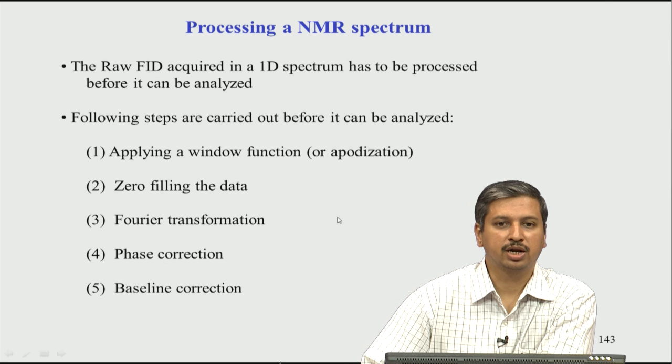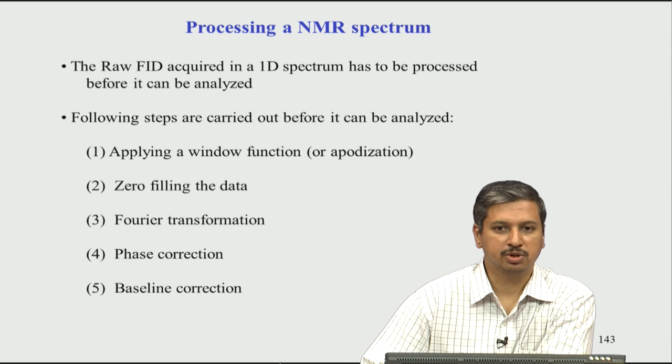Remember, the data that comes out in NMR is called the FID, and the FID is basically the raw data which is recorded physically by the spectrometer, but that is not the spectrum. The spectrum still has to be obtained by massaging the raw data, by doing many things, and then it is converted into a spectrum by Fourier transform.